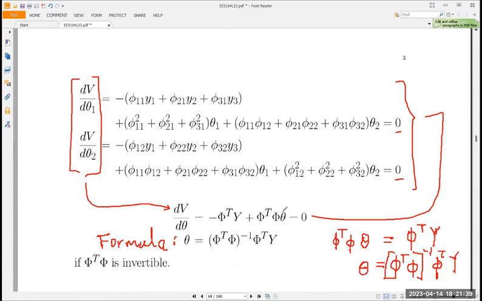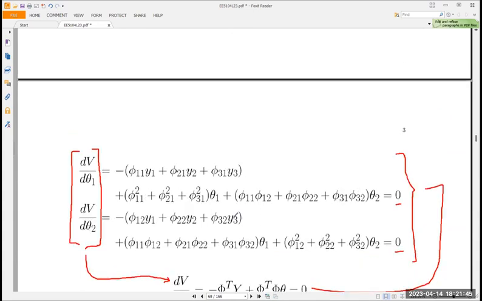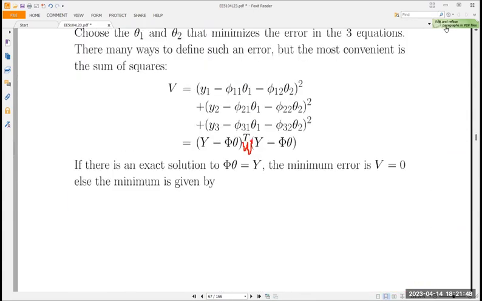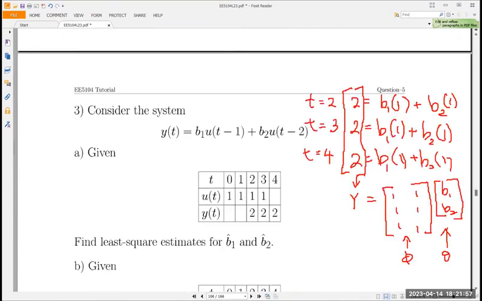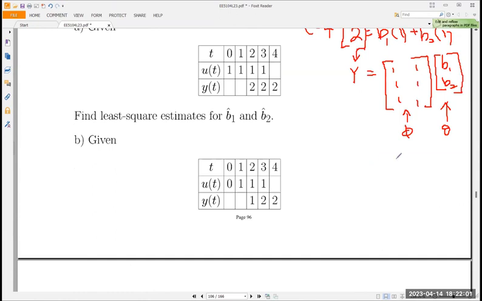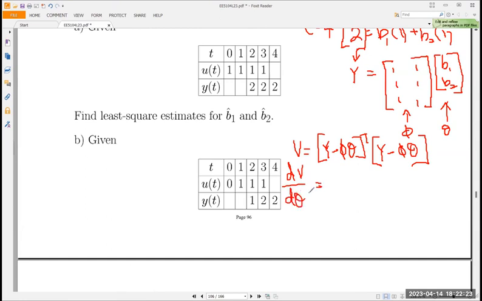Because you set dV d theta equal to 0, you get this one. What do you get?